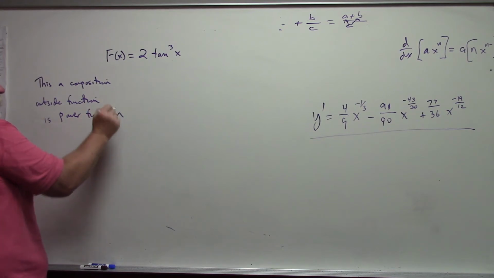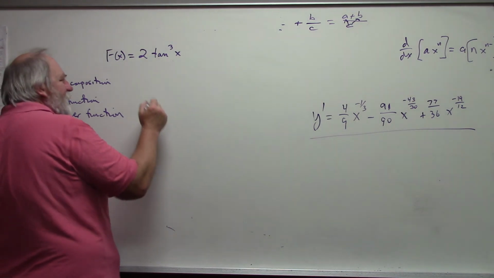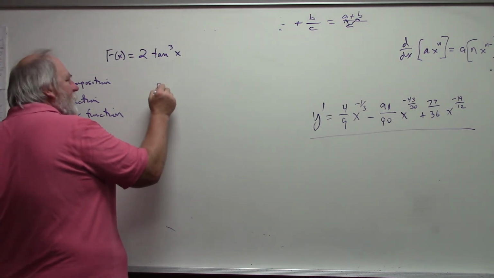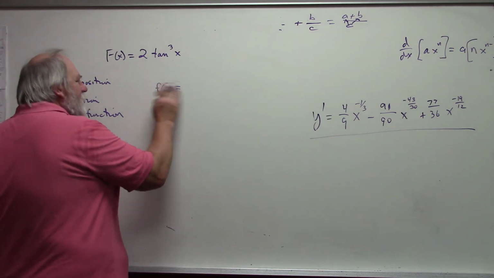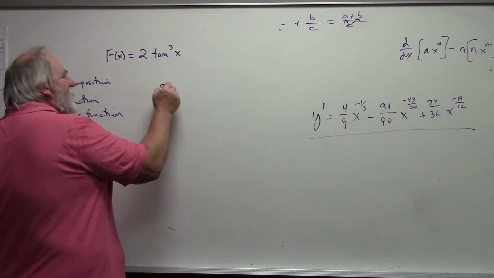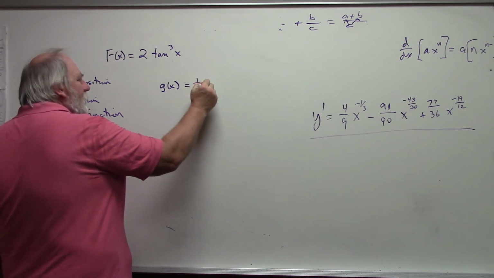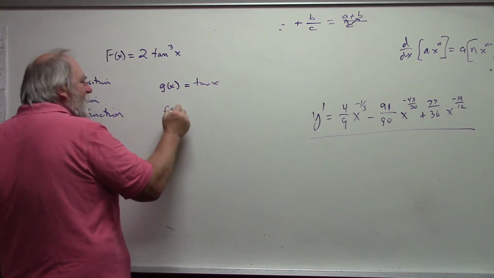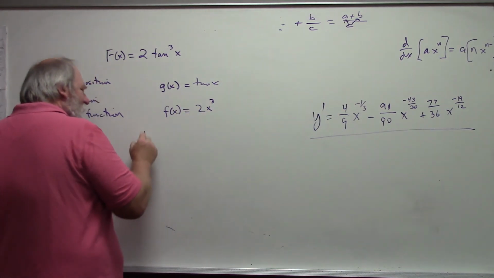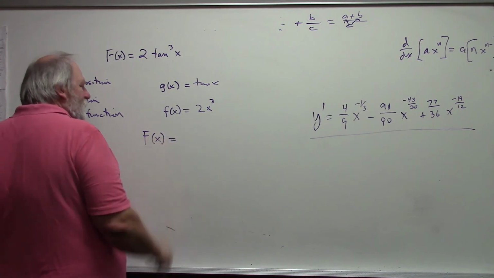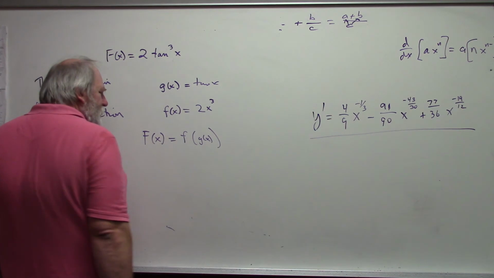So what I mean is that I can say that little g of x is tangent of x, and little f of x is 2x cubed, and then capital F of x is f of g of x.